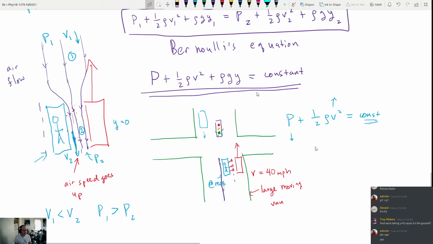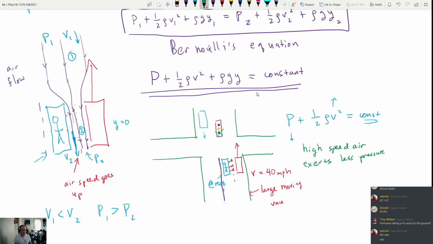Put in a simpler way, high speed air or fast moving air exerts less pressure. High speed air exerts less pressure. If the velocity goes up, the pressure has to go down correspondingly, right?